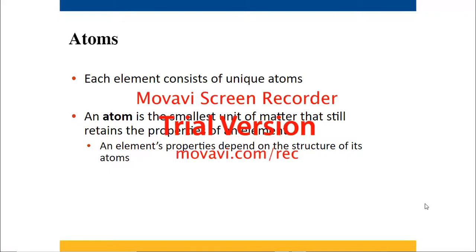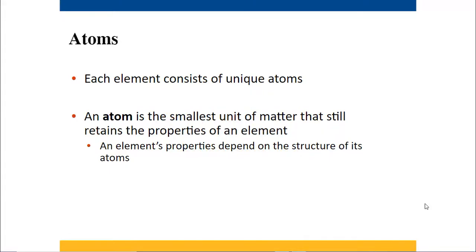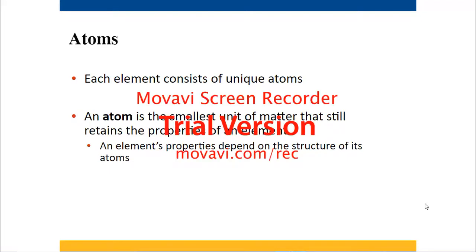Every element has its own specific number of protons, okay? We're going to talk about this with isotopes in a second, but you can change the number of neutrons. But if it has the same number of protons, it's still the same element. It's just an isotope, a variation of that element. We'll talk about that in a second.